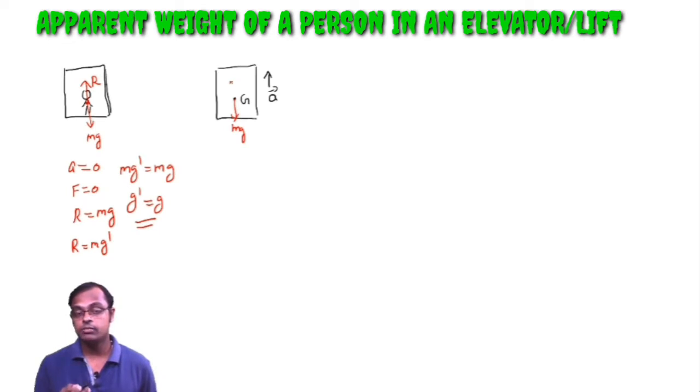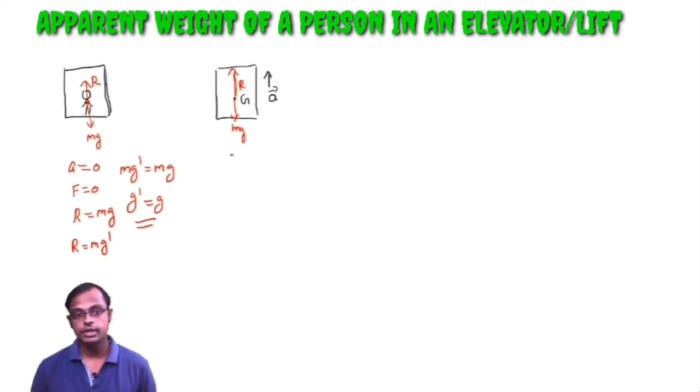Or for example, if you are standing on the weighing machine, it will give a more value than when the lift was stationary. So I can draw the R value here. The R value will be greater. In magnitude, R is greater than mg. This is the next case we are discussing, when the lift is accelerating upward.